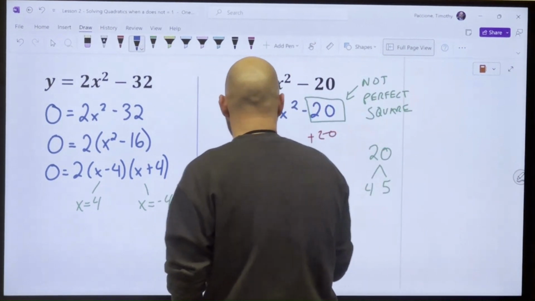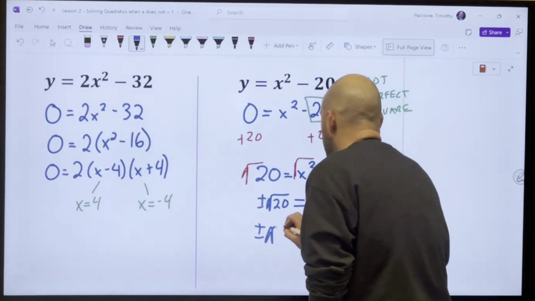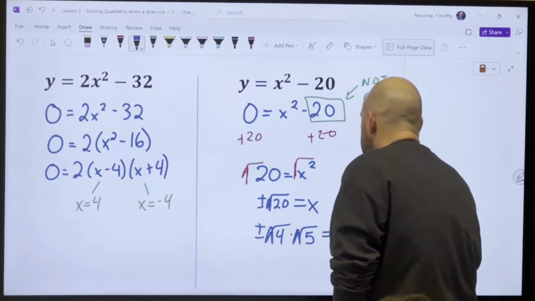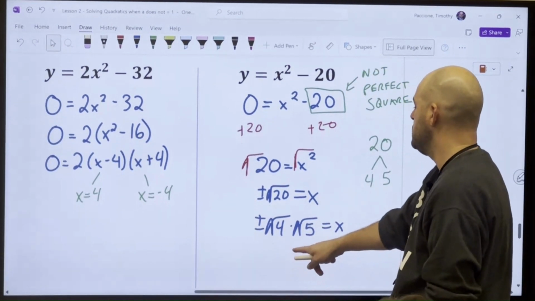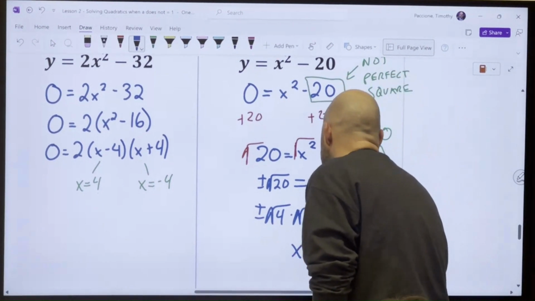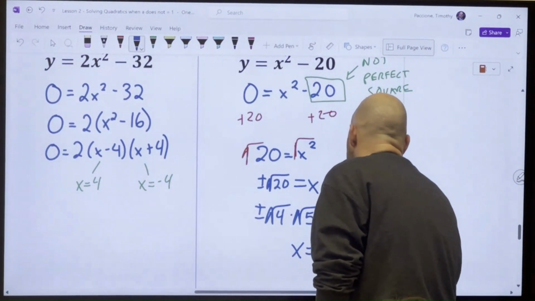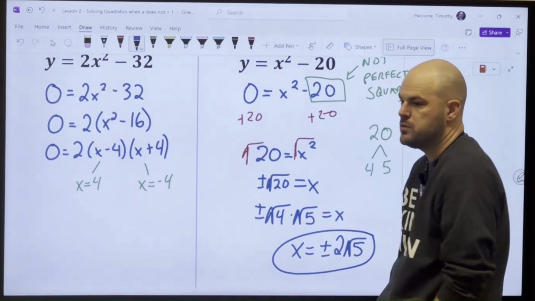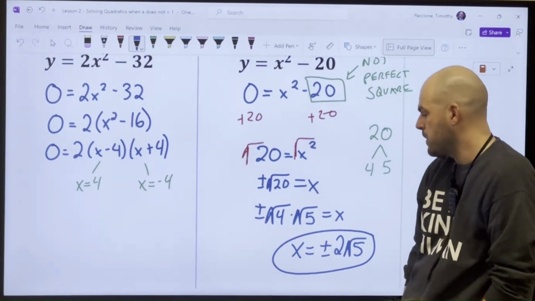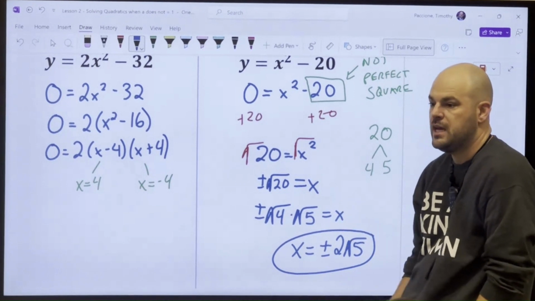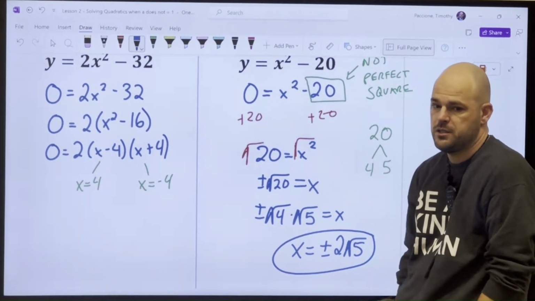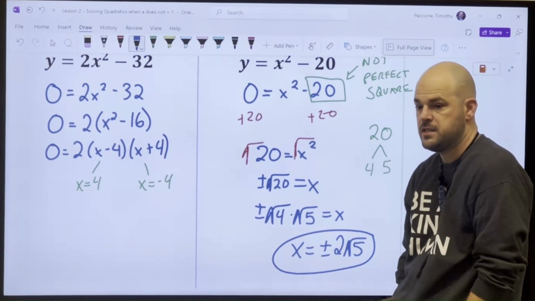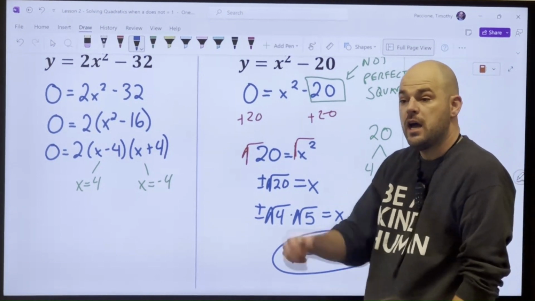I can say this is plus or minus the square root of 4 times the square root of 5 equals x. And square root of 4 is 2, so this becomes x equals plus or minus 2 square root of 5. And I can't break 5 down any further, so I'm done. Okay? Got to be able to recognize the difference, know what to do in each situation. Make sense? Okay. And that's the end of the lesson.